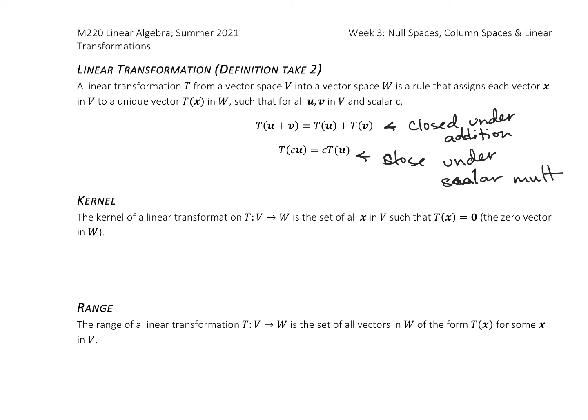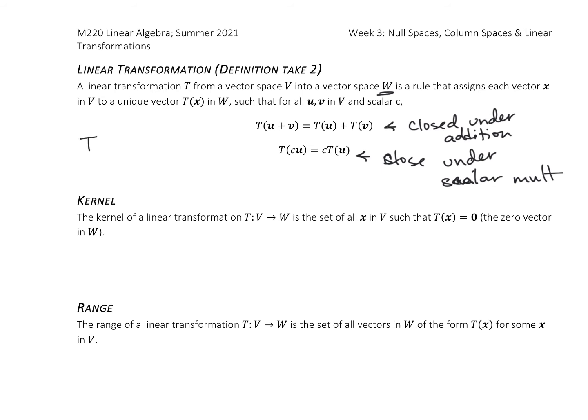And if we let c be 0, that's going to give us the 0 vector. So hopefully you can see that that W would be a subspace of V, and that this is true. Yay! So they're vector spaces. So I'm mapping one vector space onto another.